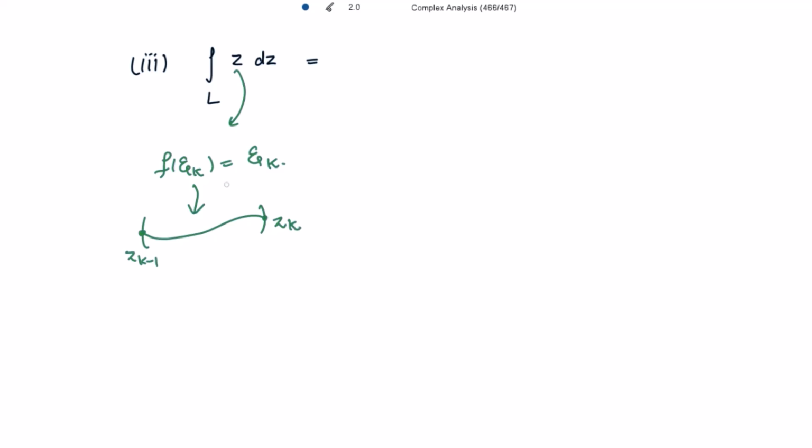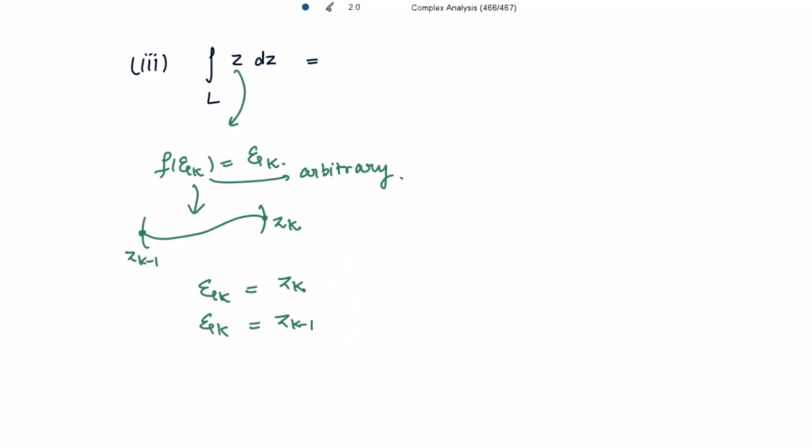Since this xi k is arbitrary, you can give any value to this point. I can set its value to be equal to zk. I can also set its value to be equal to zk minus 1. It works for both these values.